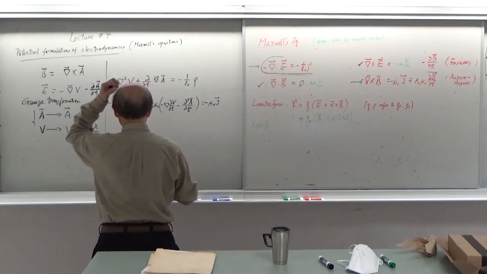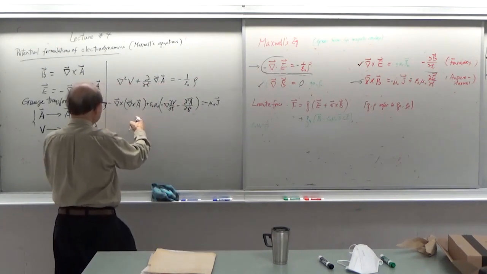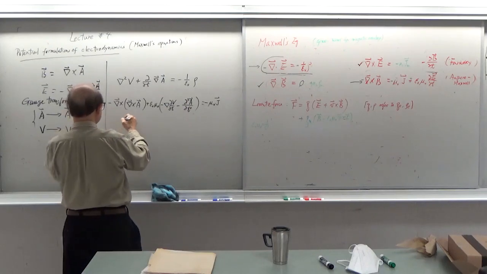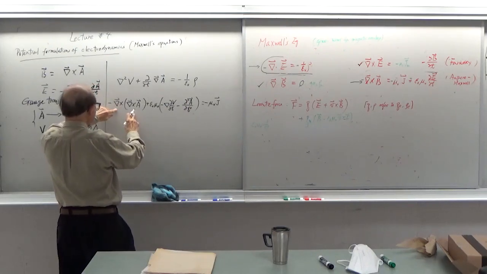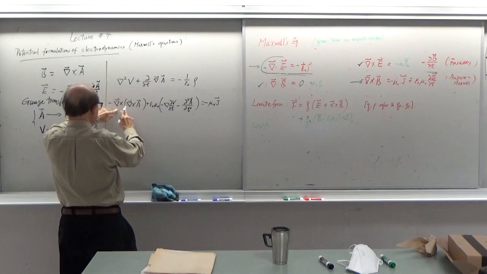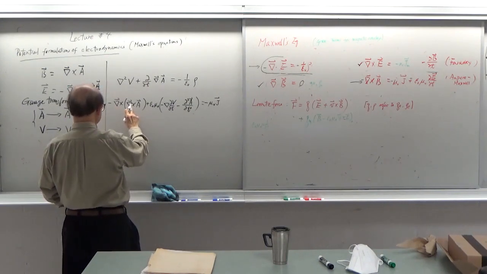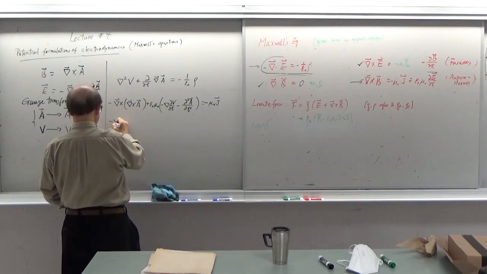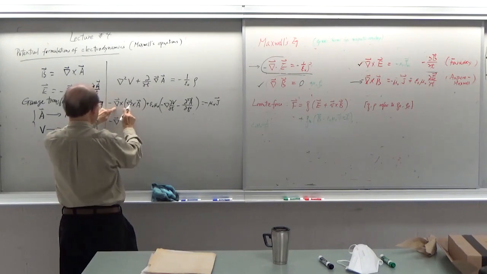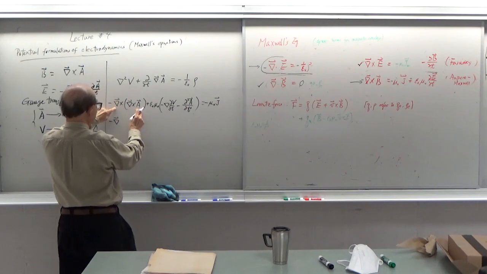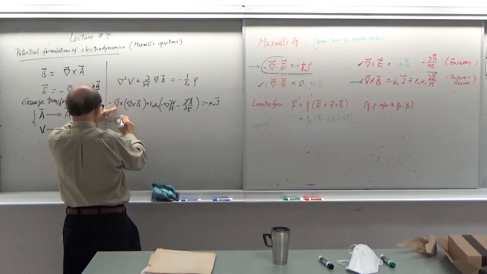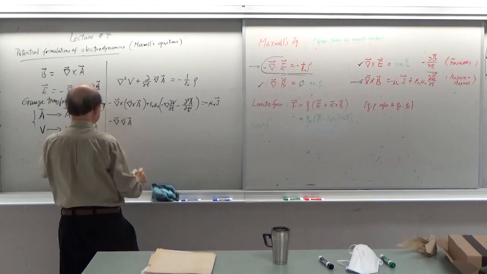All right. This is the triple cross product, so I can use the vector identities to work it out. There will be two terms. One term will be in the direction of gradient, so that will be minus gradient, where the gradient acts on A, so A should be put to the right of both gradient operators, multiplied by grad dot A. That's the first term.